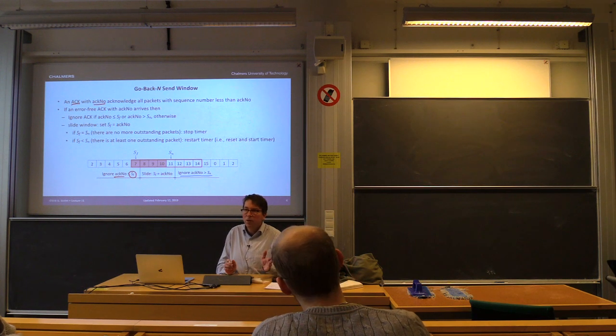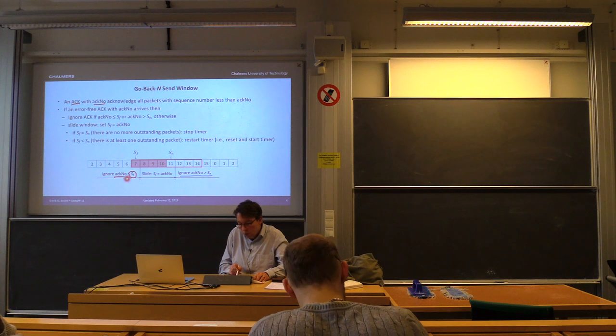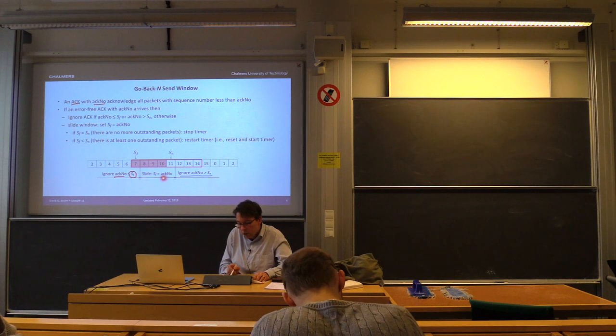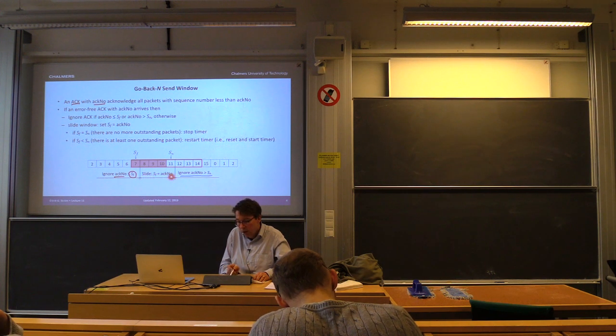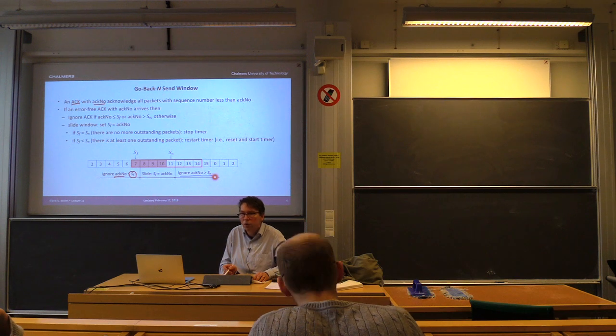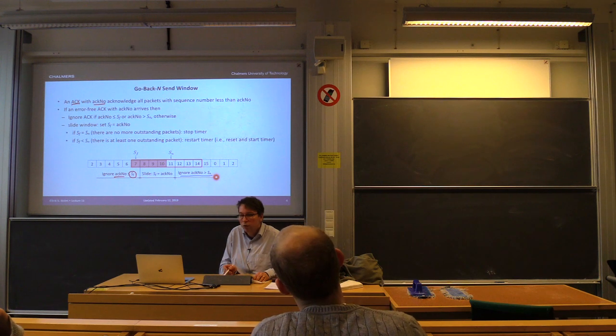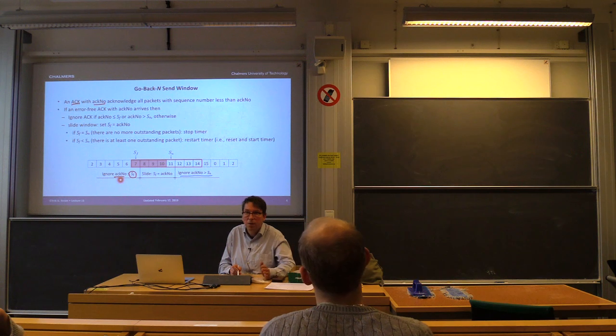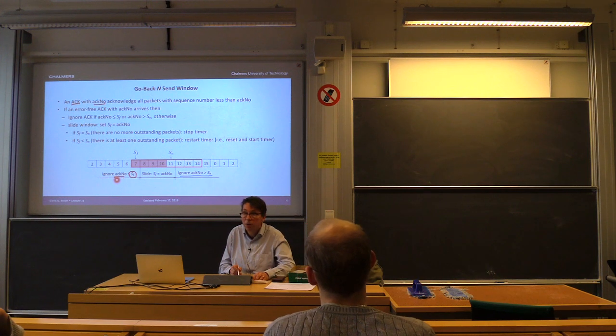The thing to keep track of here is which of these acknowledgements actually mean something to us. The acknowledgements in this range mean something to us. If it's to the right here, it's completely bogus. If it's to the left of us, it doesn't matter because we already knew that information.